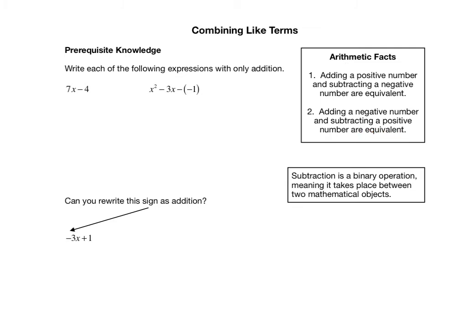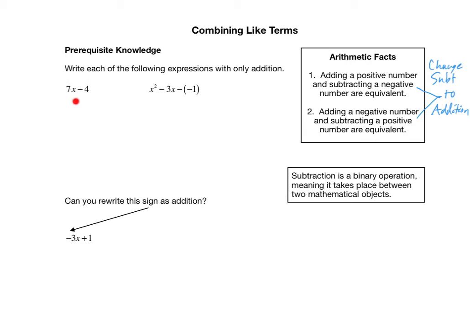These two things together imply that you can always change subtraction to addition. You don't actually need subtraction. So with that in mind, let's see if you can write each of the following expressions with only addition. We're going to be using these two facts to write each of the following expressions with only addition.